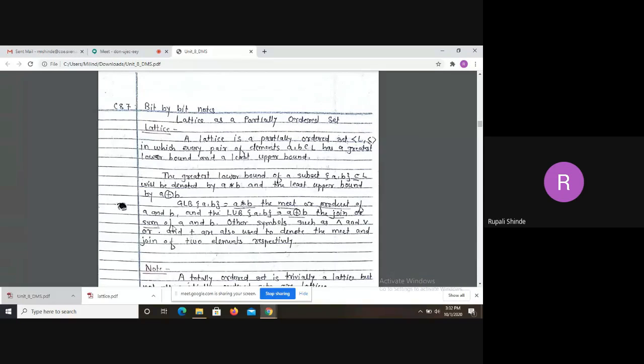Okay. So lattice is a partially ordered set and that is represented here as L comma partially ordered relation. So L is a lattice and this is a partially ordered relation in which every pair of elements A, B belonging to L has a greatest lower bound and least upper bound.